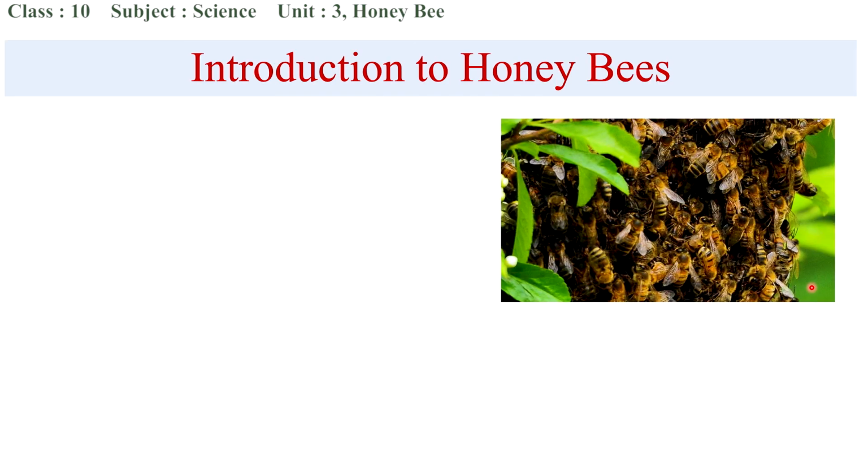And the next one is, what is a honeybee? How do these honeybees look and where are they present? Just an introduction to the honeybee. Can you see this picture? There is a branch of a tree and some leaves of the plant are seen, and so many honeybees are overlapping each other.